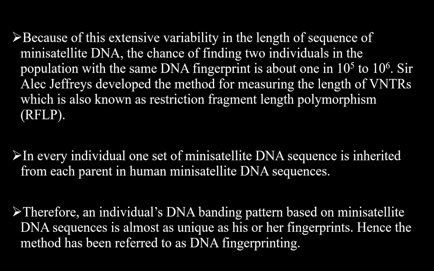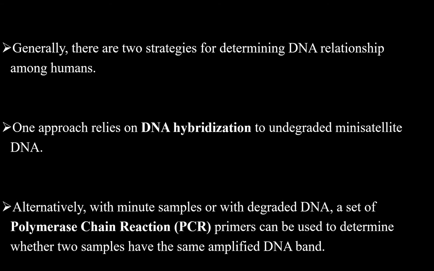Therefore, an individual's DNA banding pattern based on the mini-satellite DNA sequence is almost as unique as his or her fingerprints. Hence, the method has been referred to as DNA fingerprinting.